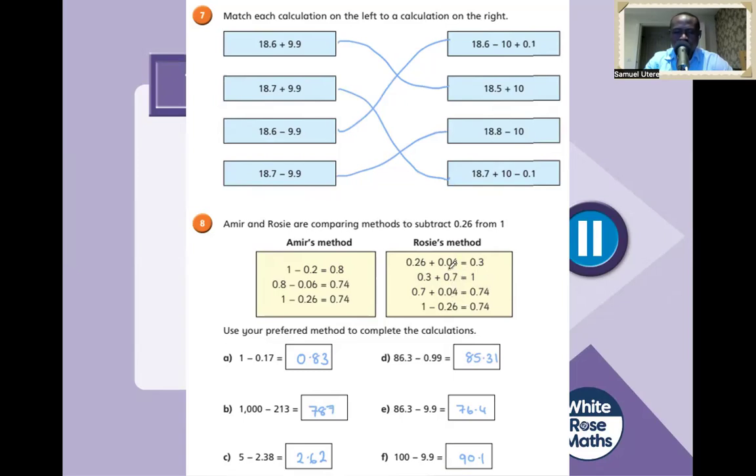And then she took away that 0.04 she added initially. So that's 0.74. Should have got the same answer. All right. And you're asked to use your preferred method to work these calculations. So again, remember, by practicing these different methods, you start to really strengthen your mental calculation abilities.